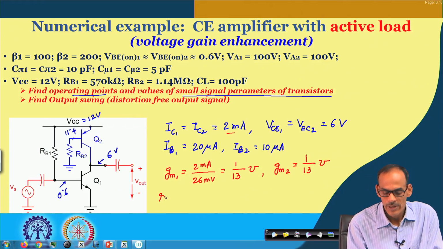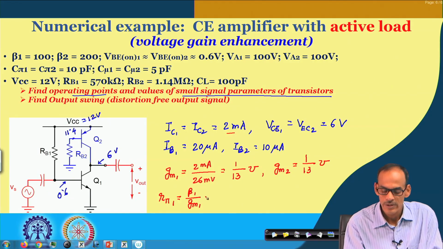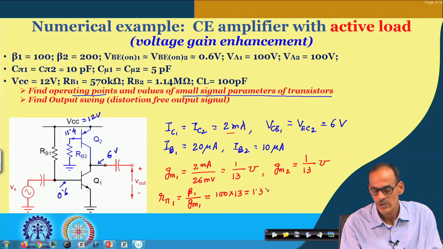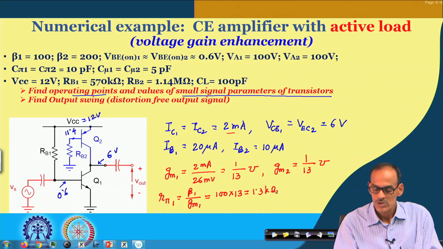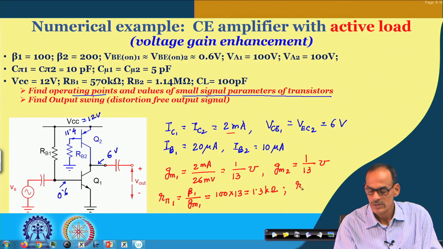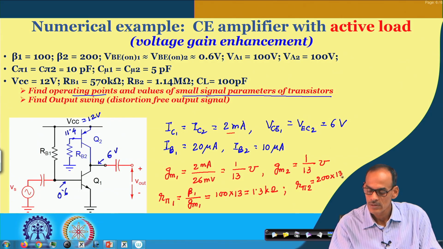Then r pi 1 equals beta of transistor 1 divided by gm, so that is 100 multiplied by 13, equal to 1.3 kilo ohm. Likewise r pi 2, with beta 200 and gm2 1 by 13, is equal to 2.6 K.